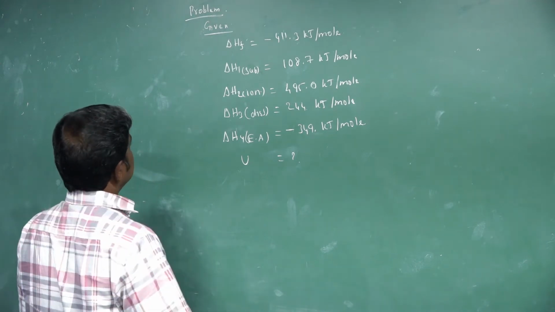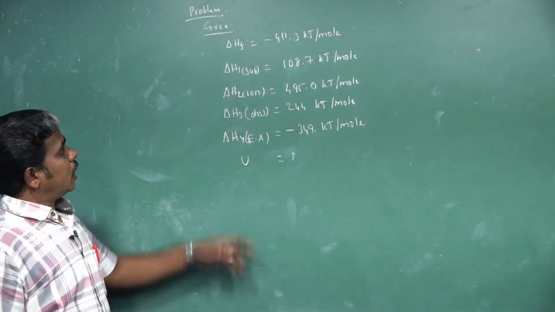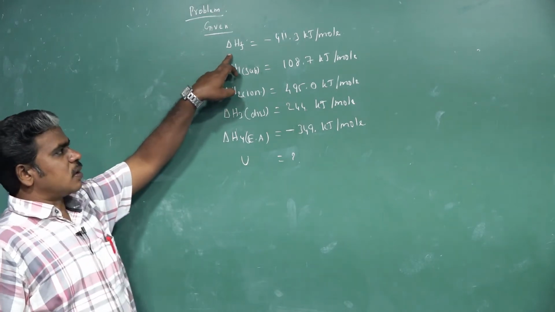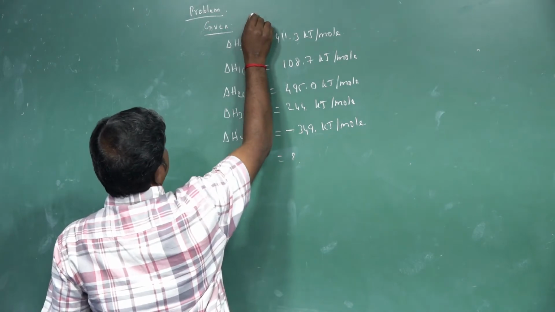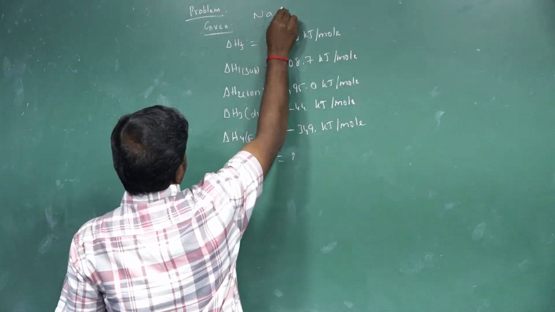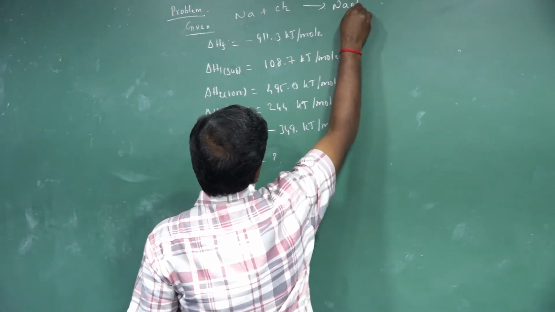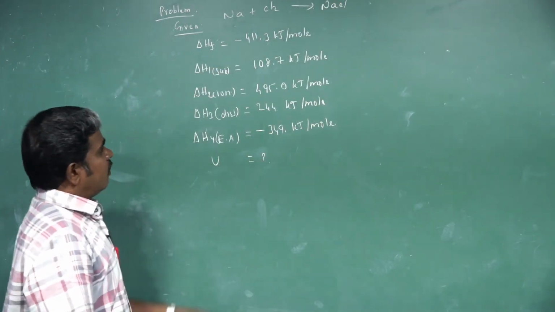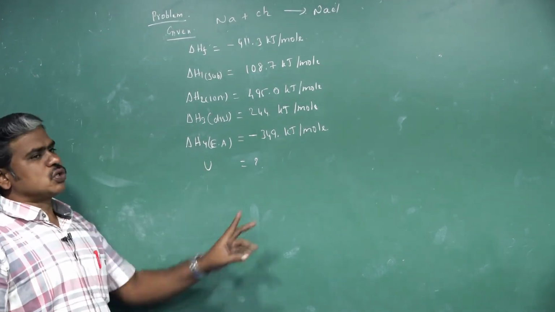Now consider a problem according to the Born-Haber cycle. They have given the delta H formation value of sodium chloride. So it is for sodium chloride, that is Na plus Cl2 becomes NaCl. Then we want to find out the lattice energy of sodium chloride.